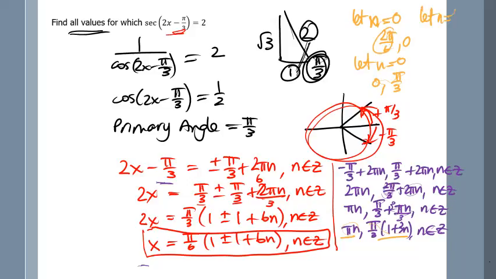If we let n equal 1, in the first one, I'm going to get 1 plus 1 plus 6. 1 plus 1 is 2, plus 6 is 8. I'm going to get 8 pi on 6. If I put 1 into this, I get 1 minus 1, which is 0, plus 6, so I'm going to get 6 pi on 6, which is just pi as a solution.